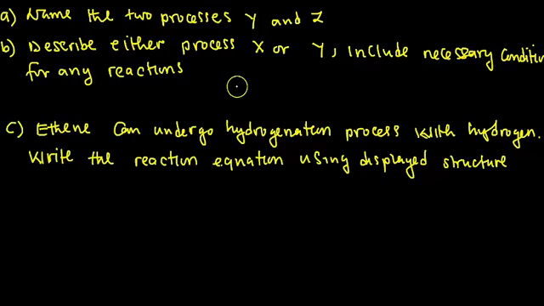Which one are we going to look at? We are going to look at both. Y we said is cracking, which is just a process of breaking down large, heavier and complex molecules into smaller ones. So let us describe process Y first, which is cracking.